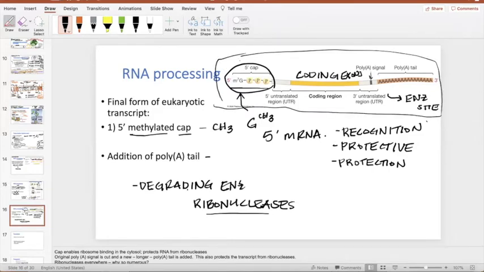In order for that to happen, we degrade our RNA quickly because we don't want things sticking around that we don't need. But it's a fine balance. We want to degrade that mRNA quickly, but we don't want to degrade it so quickly that we never actually get to make any protein out of it.